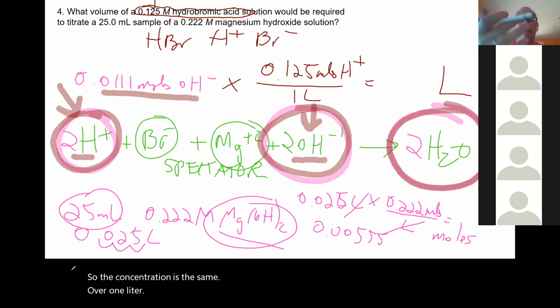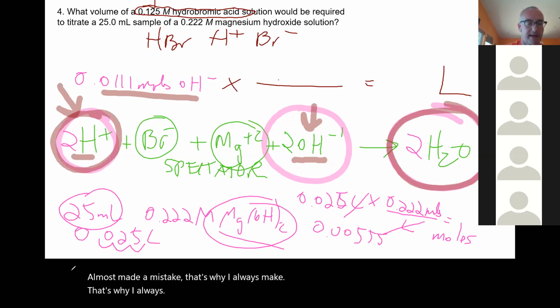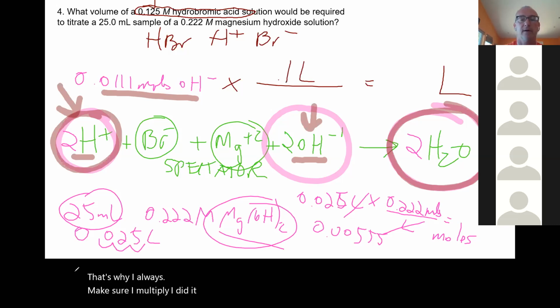So, oh, wait a minute. I need to flip it, don't I? I need to flip that. I almost made a mistake. That's why I always make sure I multiply. Oops, I did it myself. So 1 liter over 0.125 moles. There we go. H plus.